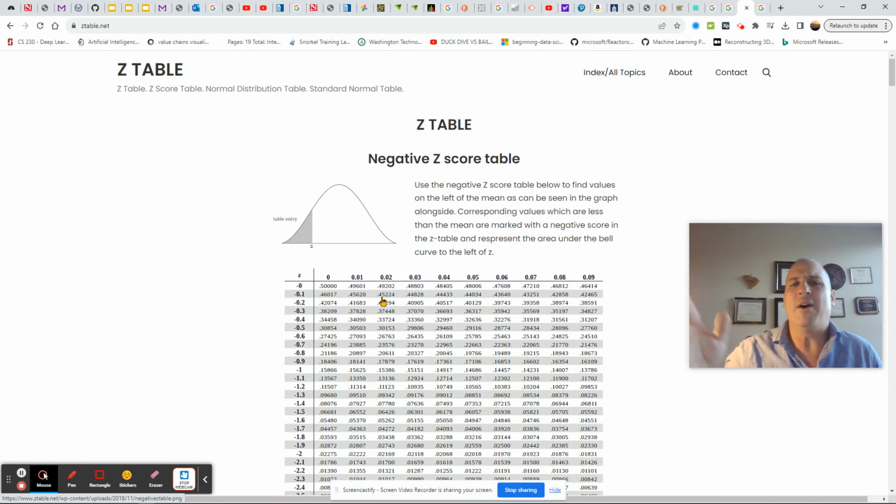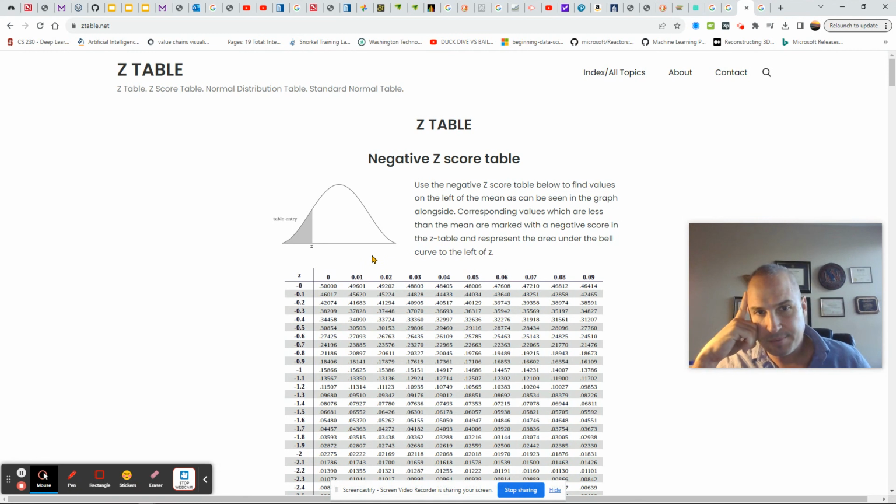If we round this to 0.45, then 1 minus that is roughly 55%. So if I go to the left 0.12 standard deviations, 55% of the area is on the right and 45% is on the left. That makes sense? It has to add to 1. So this table tells you that one-sided kind of test, and we can figure that out.